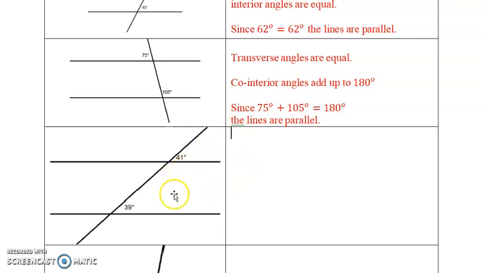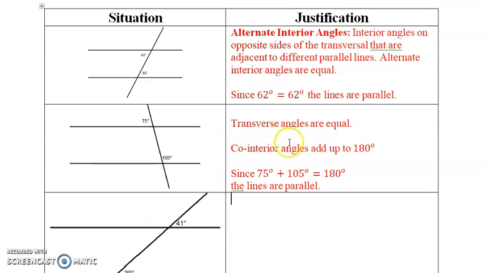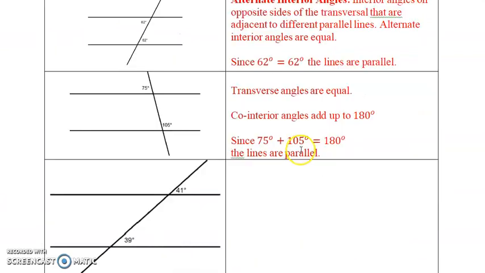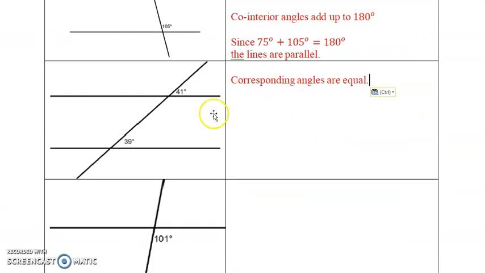The next one, these are corresponding angles. So we say that corresponding angles are equal because those two angles are corresponding angles.